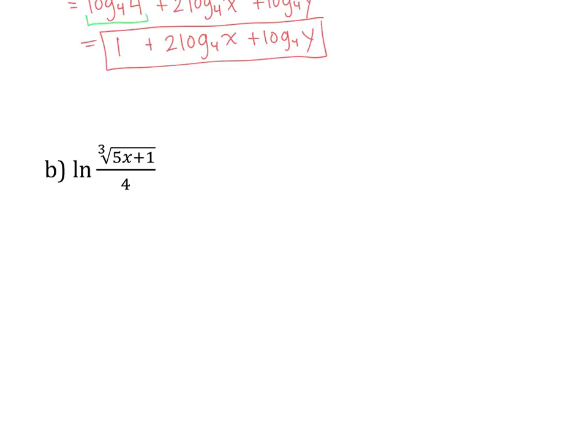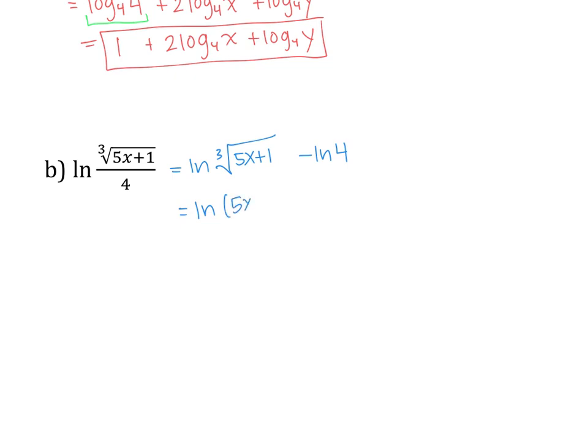One last one, and we're going to expand it again the best we can. This is an ln, so let's see. If I expand this out, I have ln of the 3rd root of 5x plus 1 minus the natural log of 4. If I have a radical, I really have an exponent, so I need to keep going until I can move the exponent.